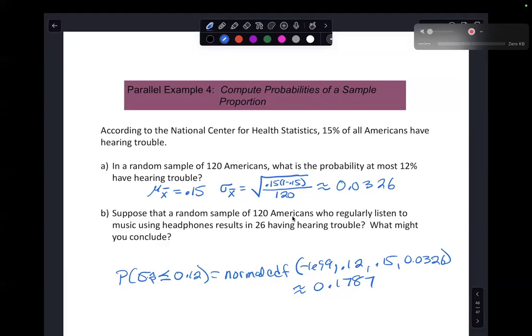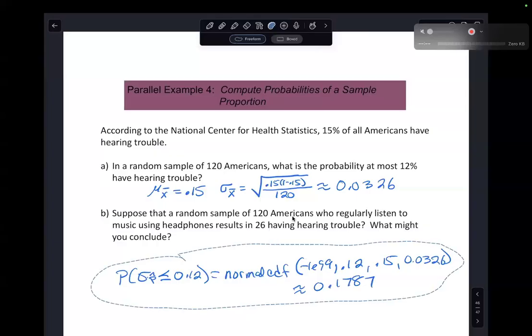All right. So we have about a 17.8% chance of having 12% or fewer with hearing trouble. With letter B, this is kind of the same thing as the obese children.